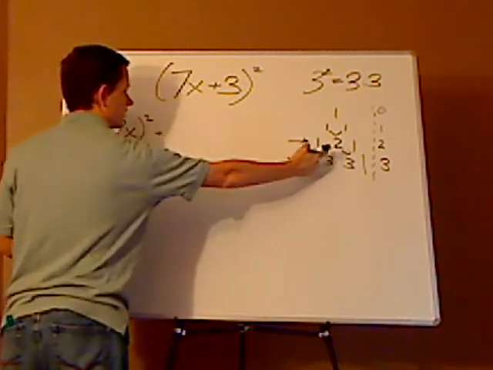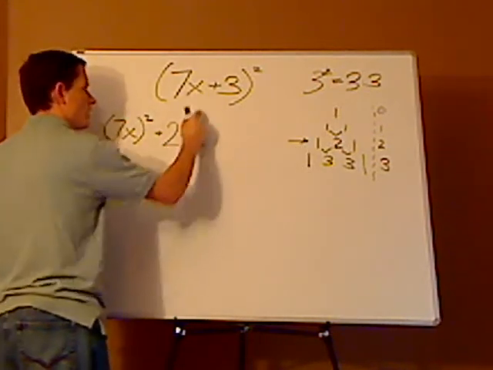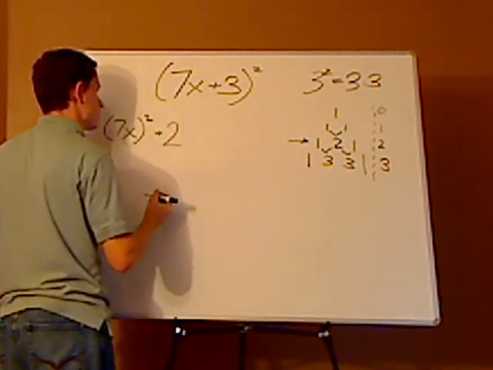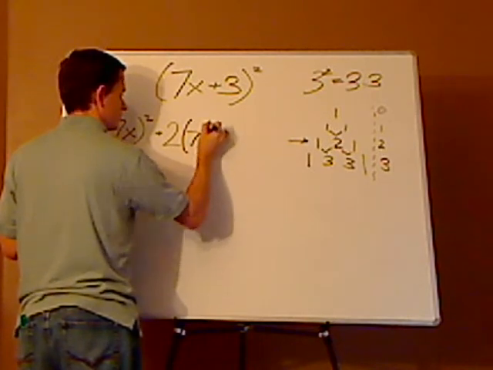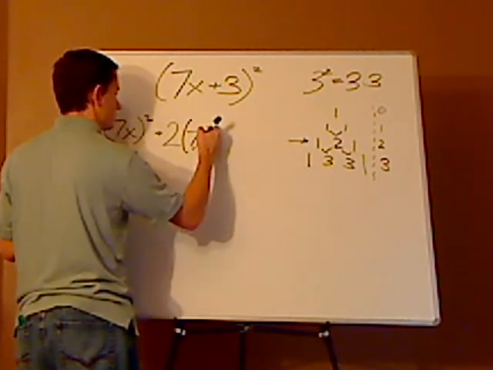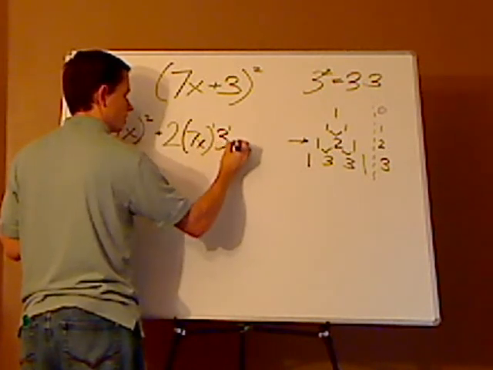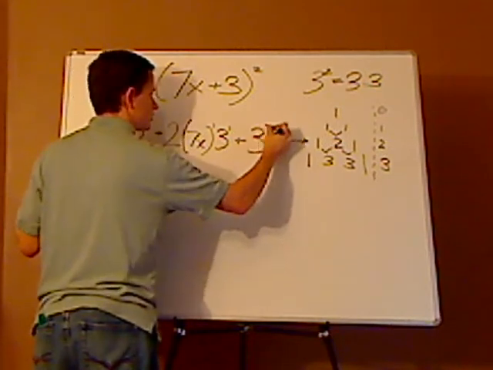Now, in the middle, you have 2 as your coefficient. If this was a minus sign, the signs would change, but since it's a plus, you don't have to worry about it. And then you have 7x raised to the 1st, and then you have 3 raised to the 1st, plus 3 squared.